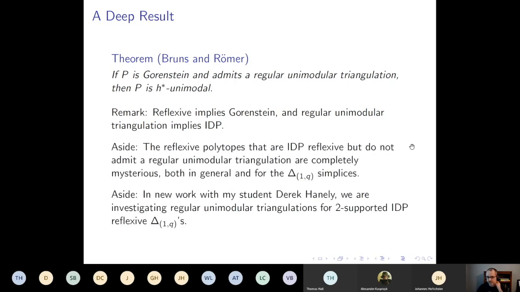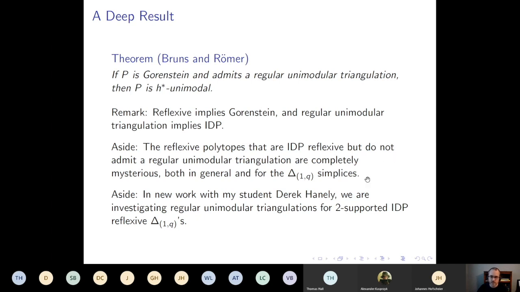And just a couple of asides. One thing I think is really interesting is that the reflexive polytopes that are IDP reflexive but don't admit a regular unimodular triangulation are completely mysterious, both in general and for the delta 1 Qs. These should exist due to some unpublished results by Christian Haase and one of his students and a previous result of Haase and Melnikov.